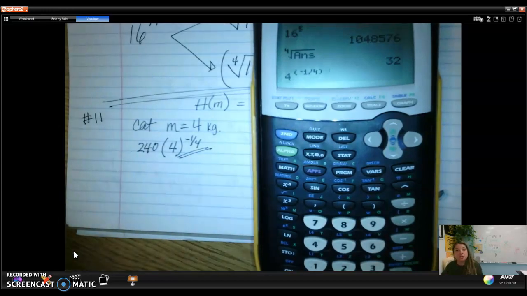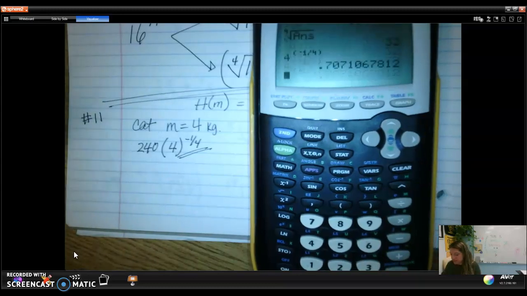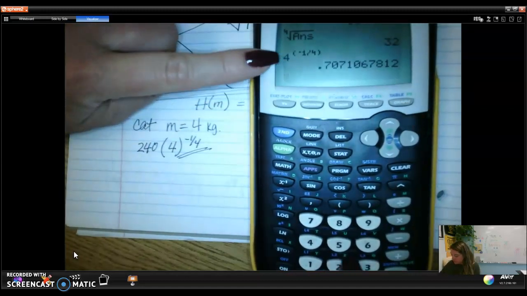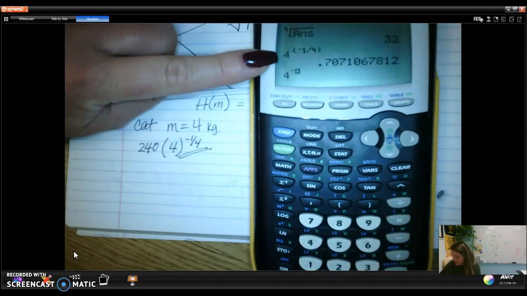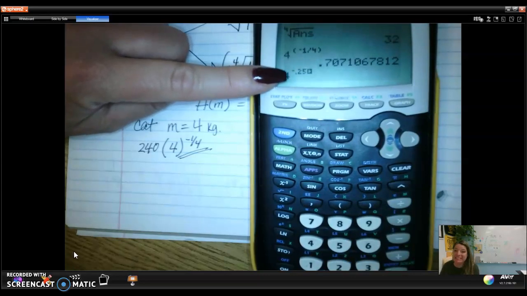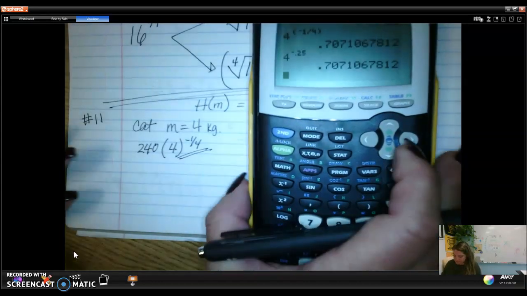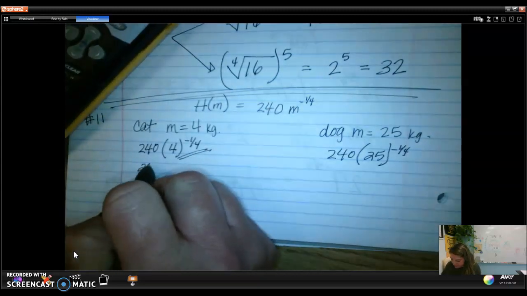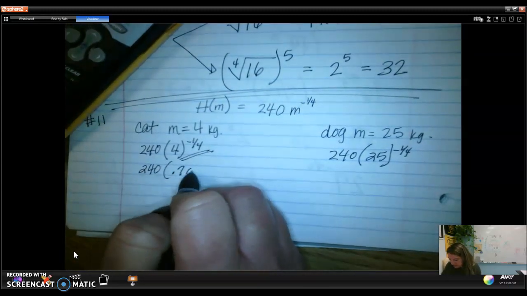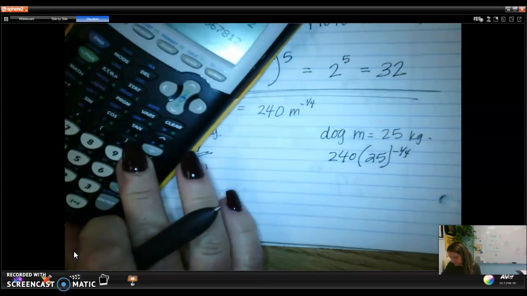Okay, the calculator is only as smart as you tell it to be. So when you do 4 to the negative 1/4, you should get 0.707. If you did 4 to the negative 0.25, which is the decimal for negative 1/4, you should also get 0.707.